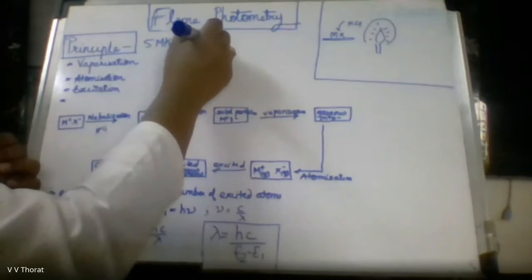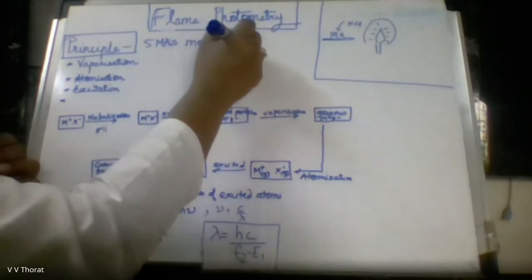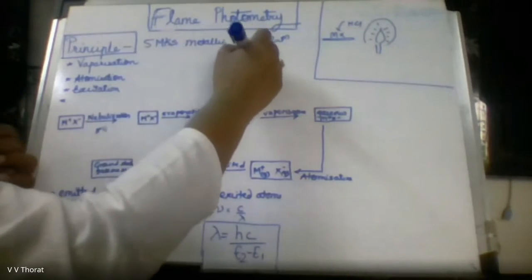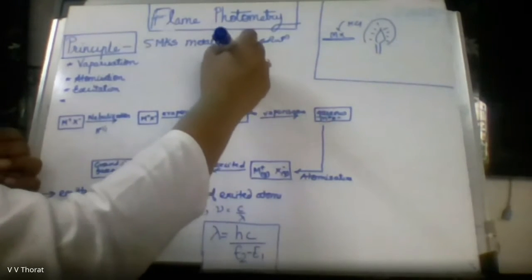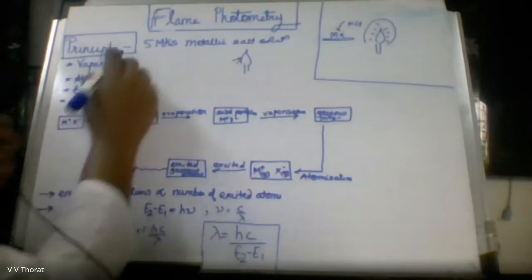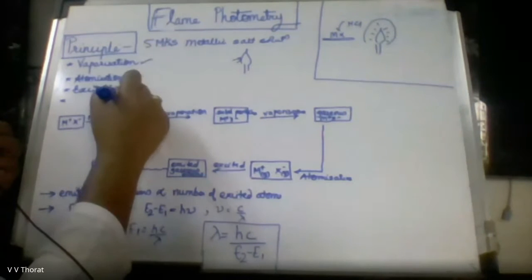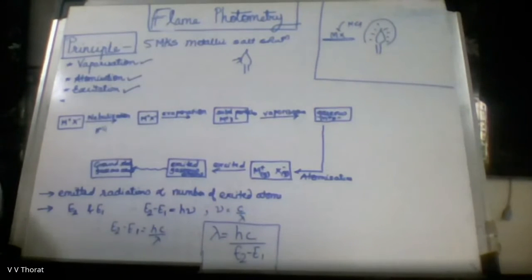You will write: when the metallic salt solution is aspirated into the flame, means when you spray it into the flame, what will happen? First, vaporization will take place, atomization and excitation.